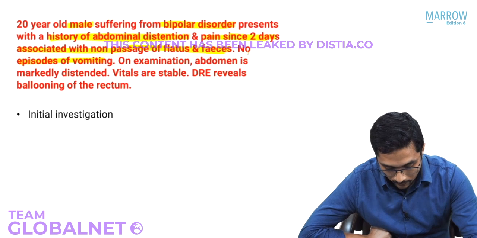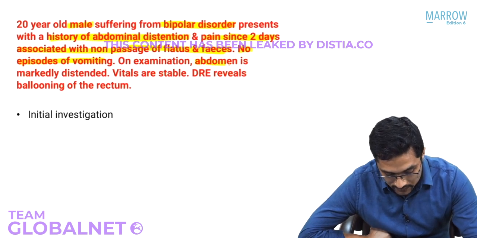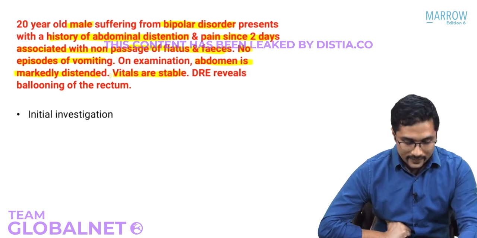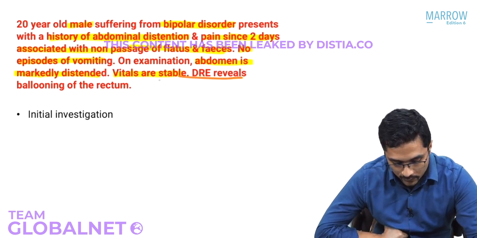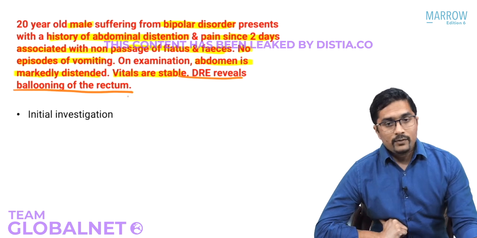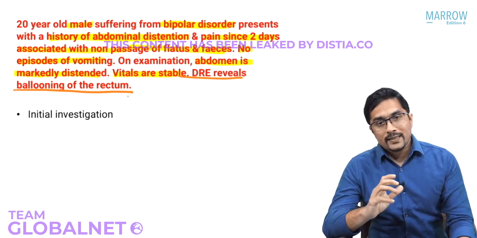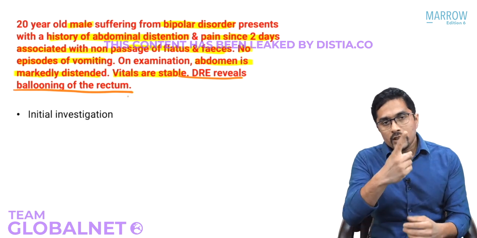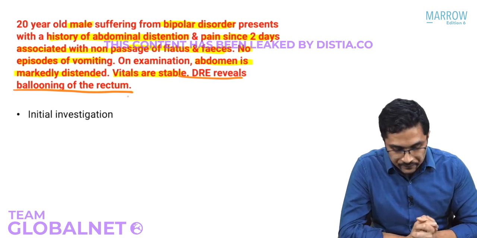No episodes of vomiting. The abdomen is markedly distended, vitals are stable, and digital rectal examination reveals ballooning of the rectum. Whenever there is bowel obstruction, you will see ballooning of the rectum on digital rectal examination.